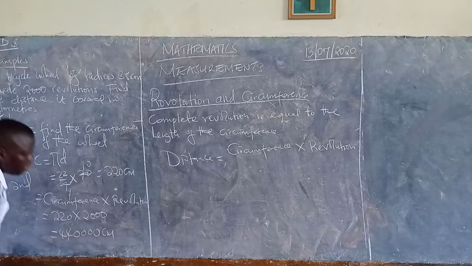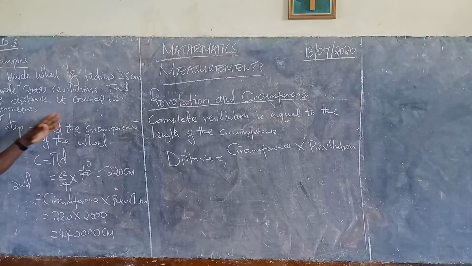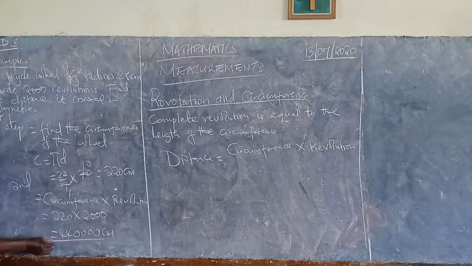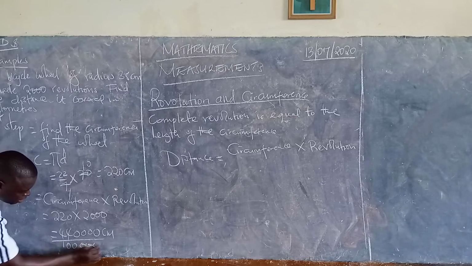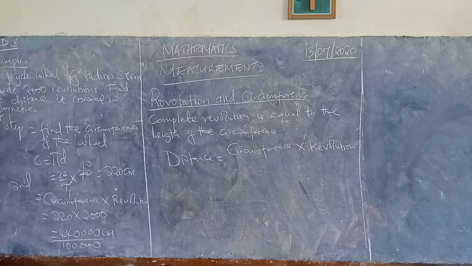That is in centimeters. The question is, find the distance it covers in kilometers. So we need to convert this into kilometers. We are going to divide by 100,000, because 100,000 centimeters is equivalent to 1 kilometer.